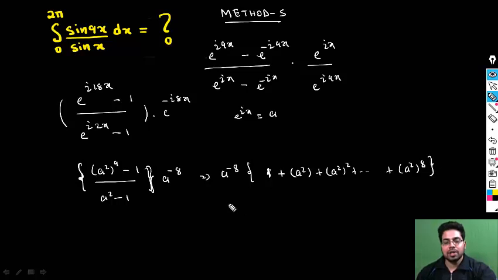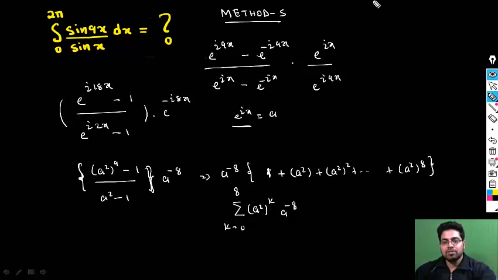This can then be written as summation of a square to the power k, where k varies from 0 to 8, and here we are having a to the power minus 8 also. Now let me replace back a as e to the power ix.